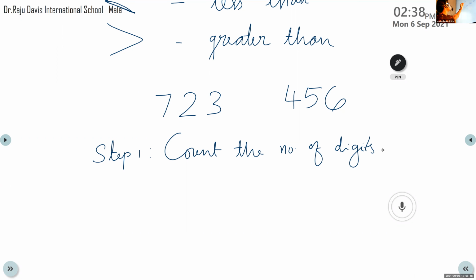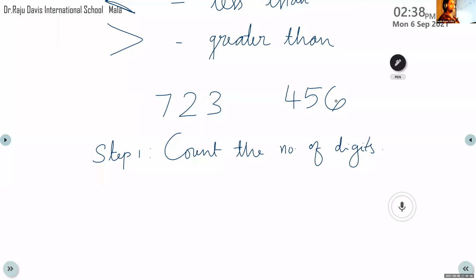Look at the first number, 723. How many digits are there in 723? There are 3 digits. Now let us see the second number, 456. How many digits are there? See, 1, 2, 3.